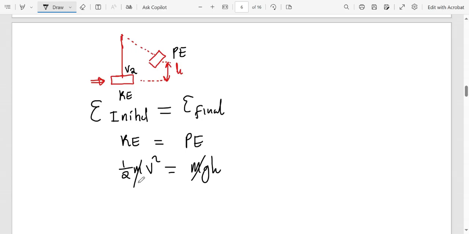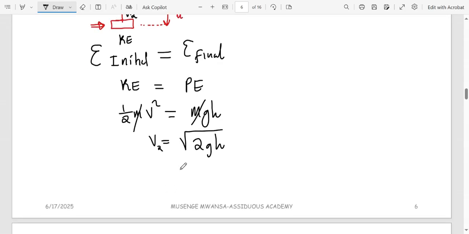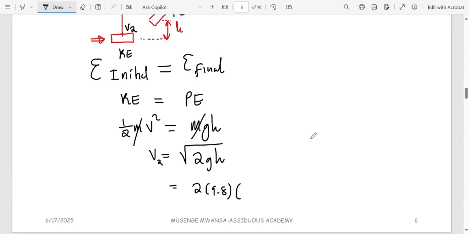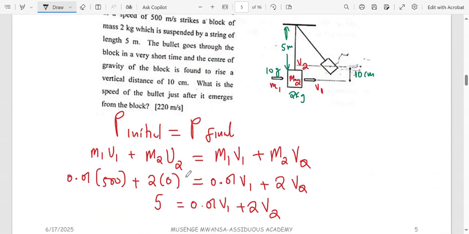So this is going to give us V equal to the square root of 2gh. I've just multiplied both sides by 2 and then square rooted. So this is the formula that will give us V2. Therefore V2 is equal to the square root of 2 times 9.8 times the height through which it had to rise, which has been given as 10 centimeters.